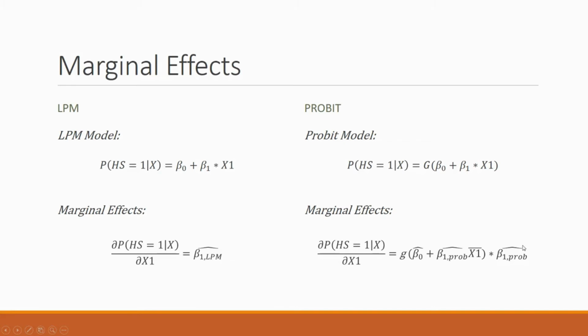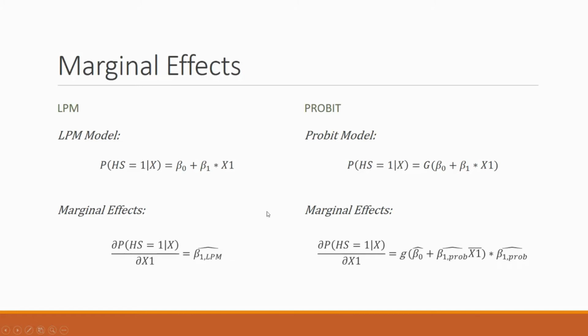It's going to be beta 1 hat times this lowercase g function, the derivative of capital G, of beta 0 hat plus beta 1 hat times the average value of the independent variable. So when we use a Probit model, the marginal effect is not beta 1 hat, but instead this whole expression, which I'll show you how we deal with in Stata in just a moment.